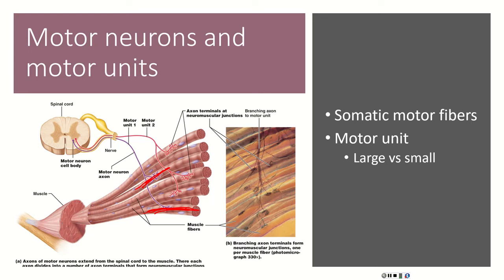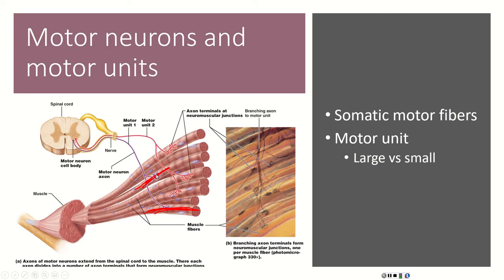Now, what's the difference in a motor unit? Well, if we send an action potential through the purple neuron, it's going to cause the two muscle cells that it innervates to contract, and none of the other muscle cells will contract, only these two.